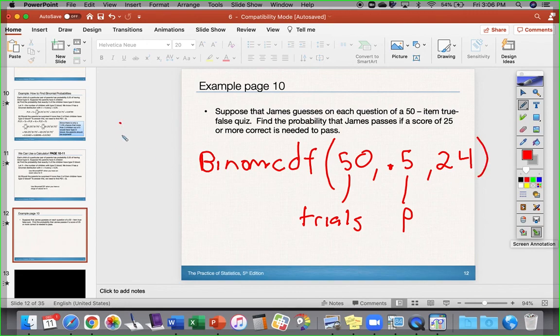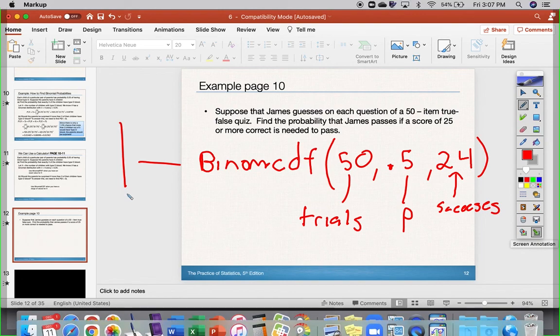And I could do 1 minus this to leave me with 25 or more. If I get rid of 0 through 24 successes, it'll leave me with all of the probability for 25 or more.